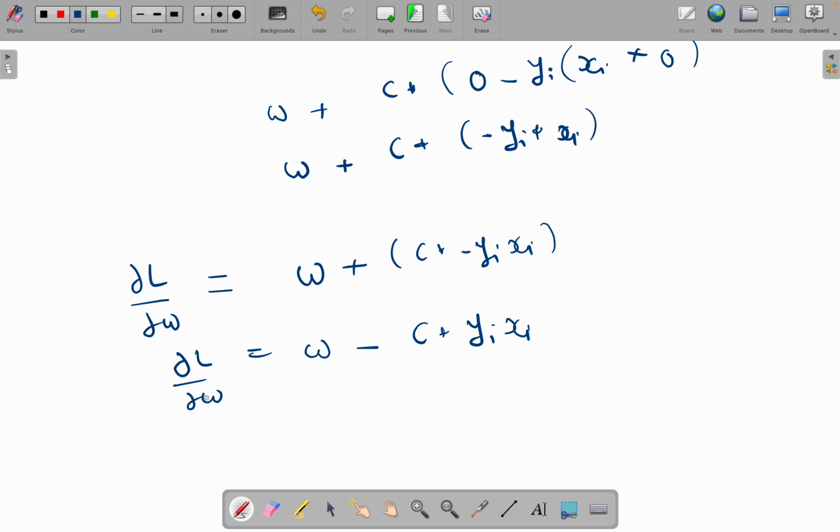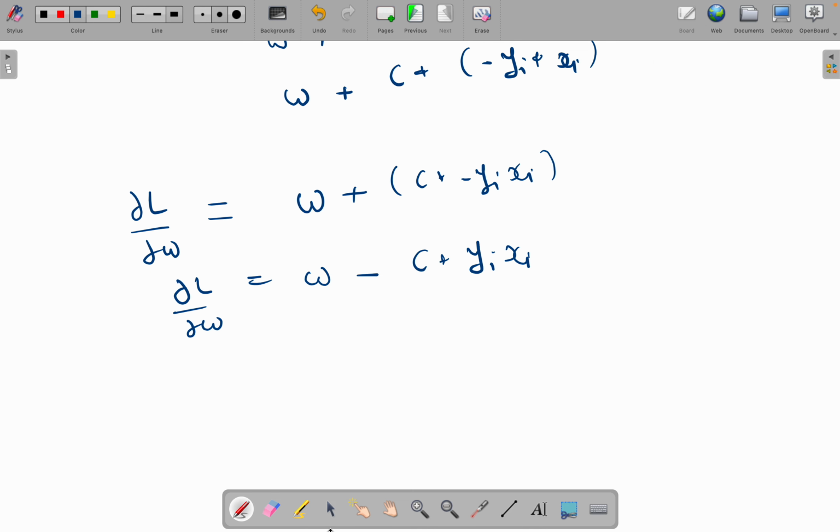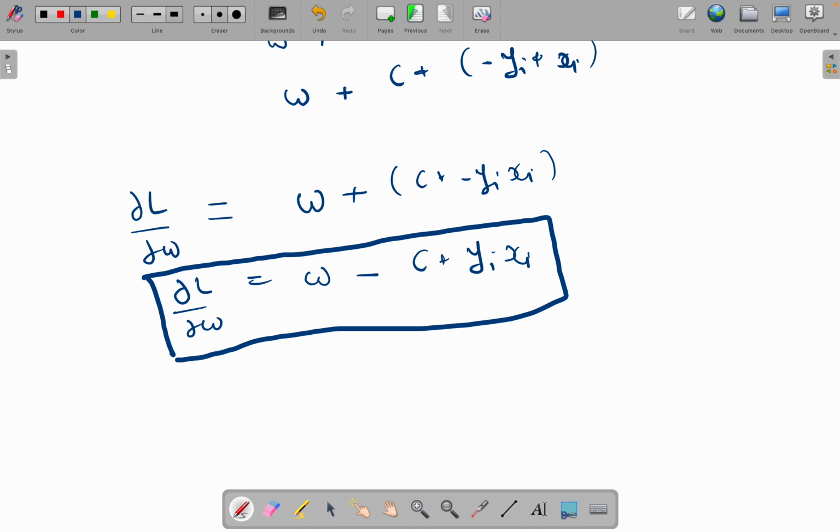Let's say del L by del W. Okay, so just remember this equation, I would say. And now we need to differentiate it with respect to b, right?